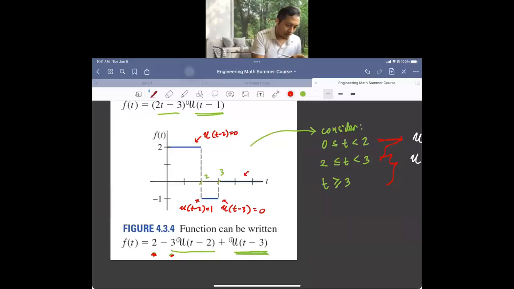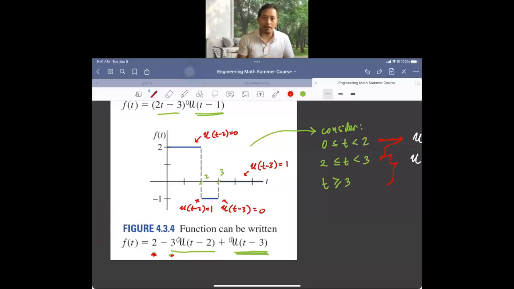And this will be the Heaviside when it is equal to 1. Let me check: 2 minus 3 is minus 1, and minus 1 plus 1 is 0, so it's 0. So this is how we can construct our Heaviside, and we can play with it.